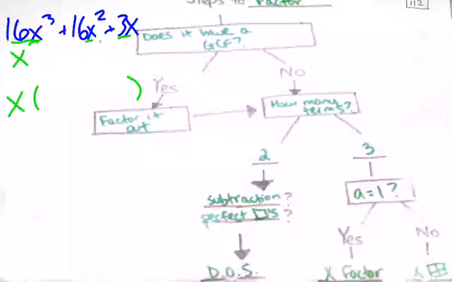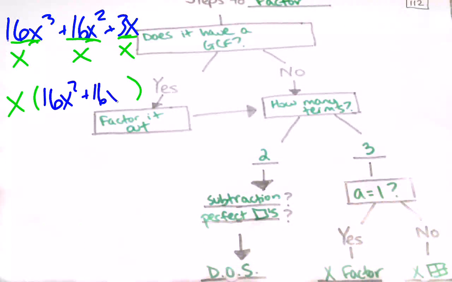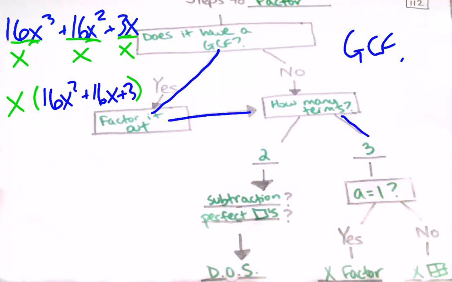Once I do that, I would have 16x squared plus 16x plus 3. So I had a GCF. I have 3 terms, and A is not 1, so I would want to try it with the x box. Now, this doesn't guarantee that there's something that would work with the x box, but that is what I would try.